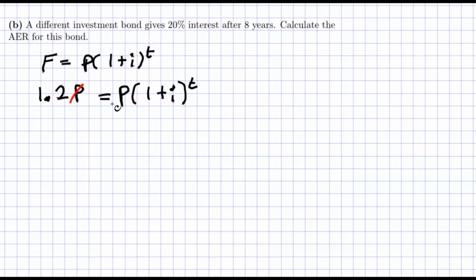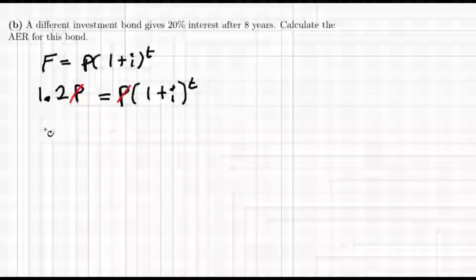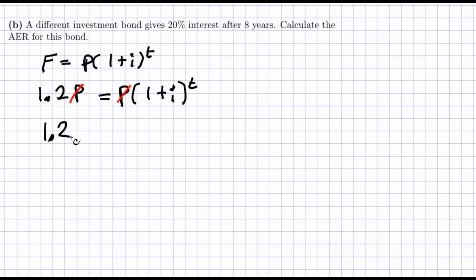So now we can cancel those P's, and we can put in this power of 8 here as well, so we get 1.2 is equal to (1 plus i) to the power of 8. Now to undo this power of 8, you just put it in your calculator.